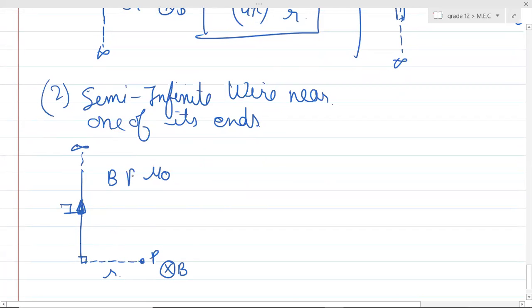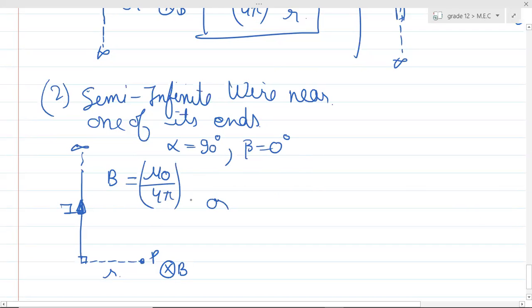So the magnetic field direction will be into the plane, and B will be equal to mu naught by 4 pi into, what will be alpha over here? Alpha will be 90, beta will be 0. Or you can do the opposite one as well. If it's this case or this case, then alpha will be 0, beta will be 90.